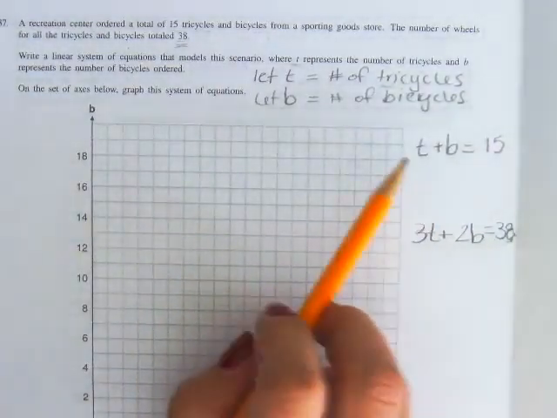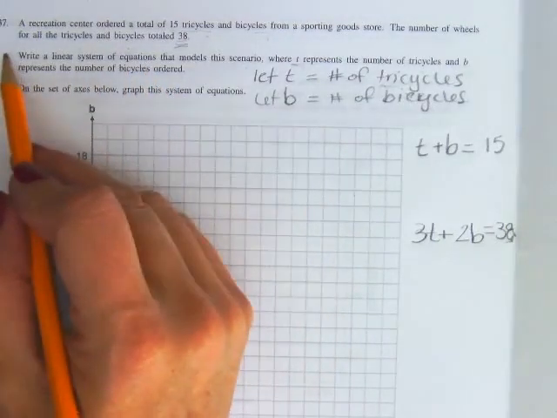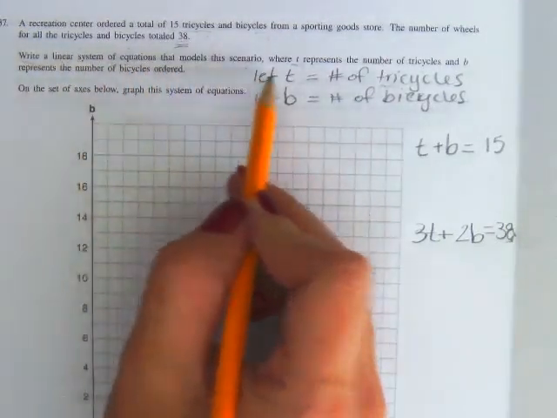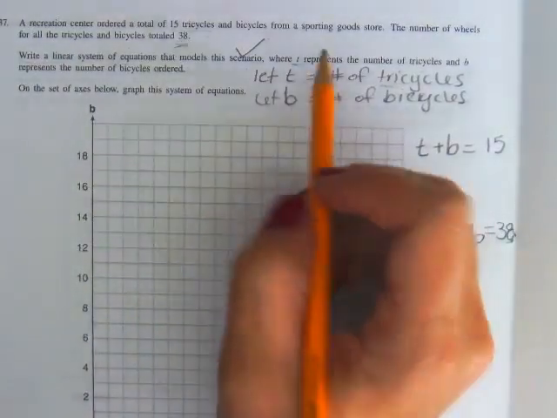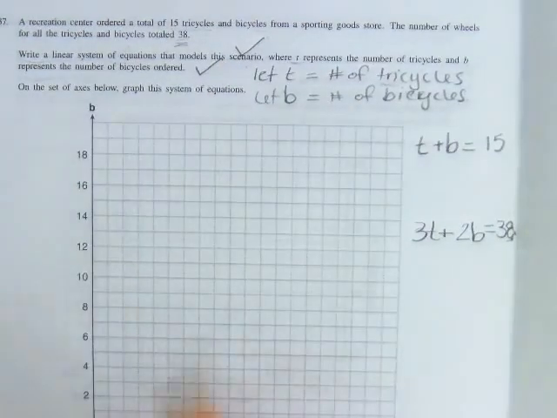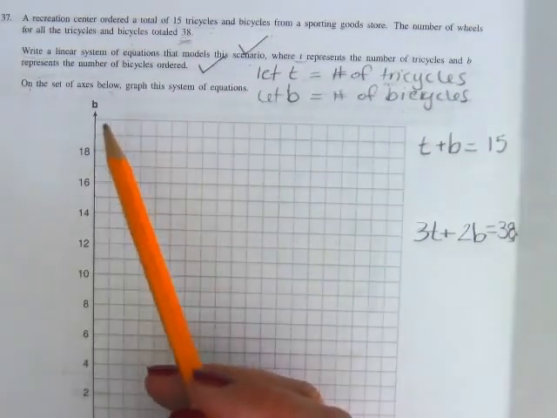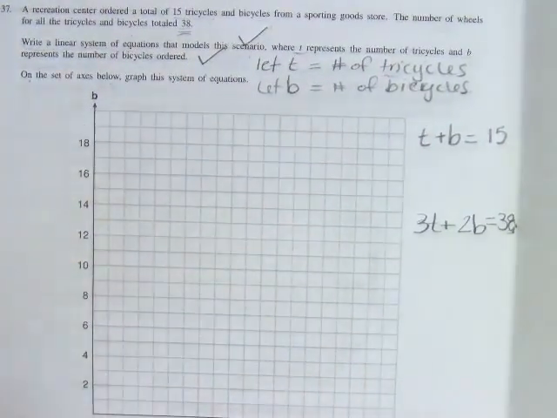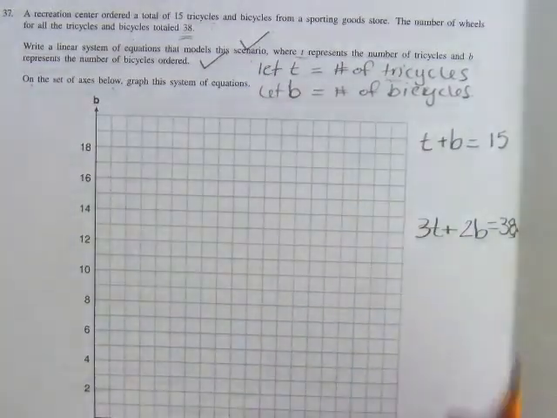So this information that I've written checks off this. I wrote a linear system of equations that models the scenario. So check. And I defined my variables, check for that. Now they want us to graph on the set of axes below the system of equations. If we're going to graph, that means we have to solve for y.